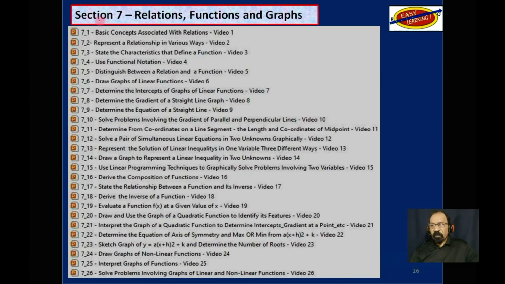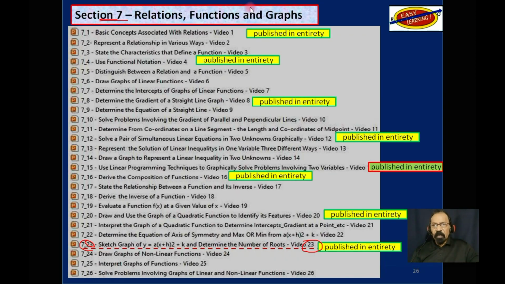So section 7, as I just said, we have finished objective 23, which was video 23. From those completed videos from this section, these have been published in their entirety, as indicated in yellow here. Well, even that one, this, and this.